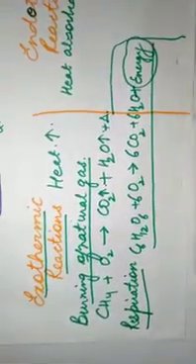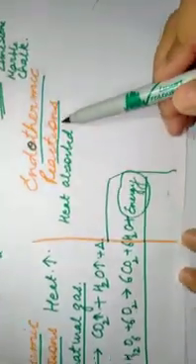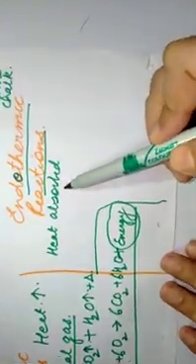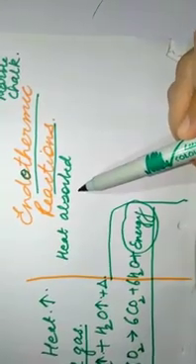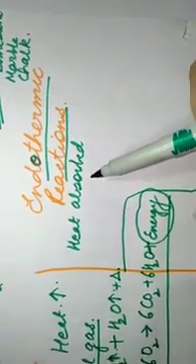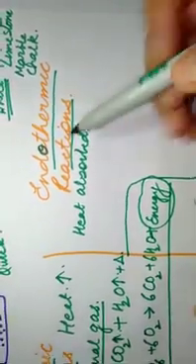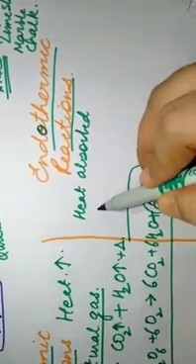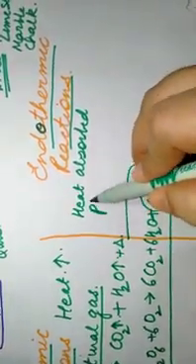Now let us see endothermic reactions. Endothermic reactions are those in which heat is absorbed. We will study decomposition reactions right now, and most decomposition reactions are endothermic in nature, that is, they absorb energy. For example, photosynthesis.